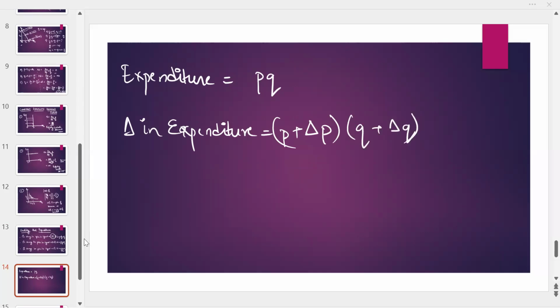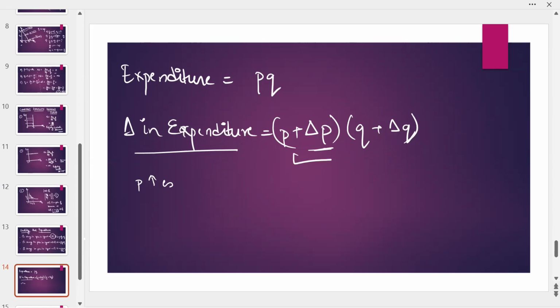So let's say, with the help of an example, we want to see what would happen with the change in expenditure if the price increases. Let's say price increases, and will that impact the expenditure?